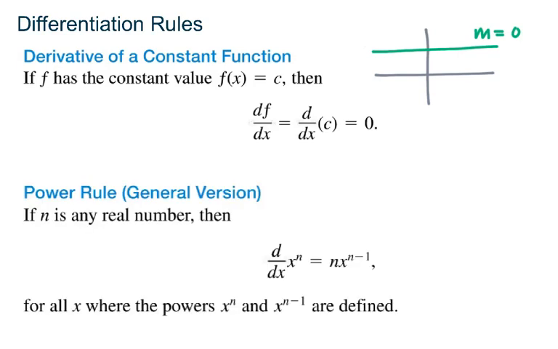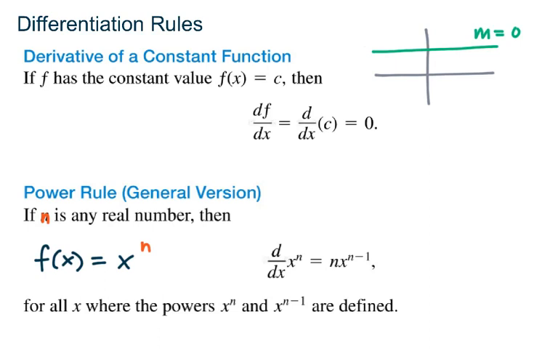Another rule that we use quite a lot is our power rule. The reason this says general version is because the book identifies two different versions of the power rule. So if n is any real number, this is to say we have some function f of x equals x to any number: x squared, x cubed, x to the fifth, x to the negative 10.